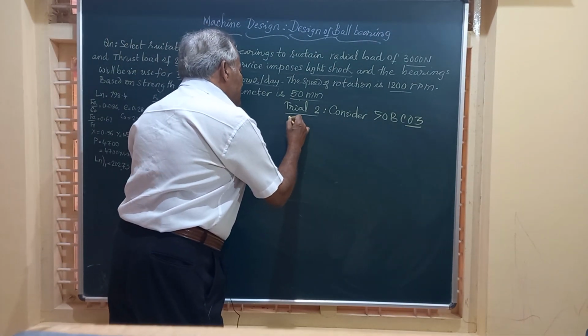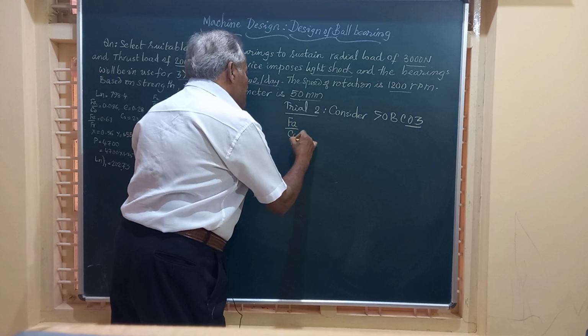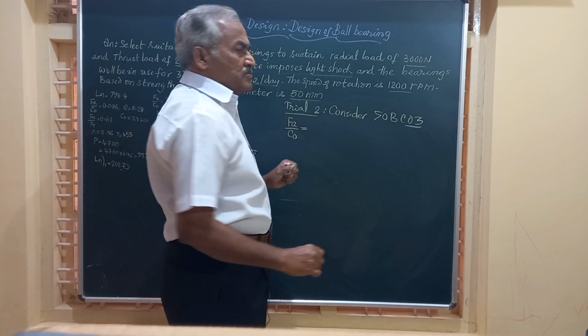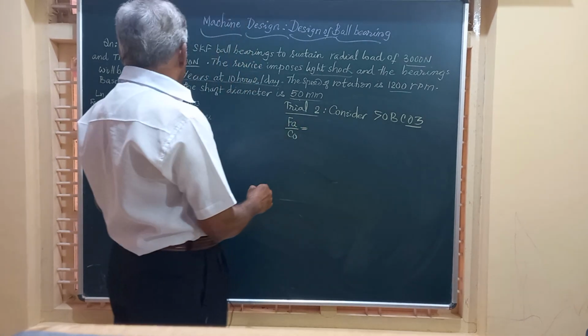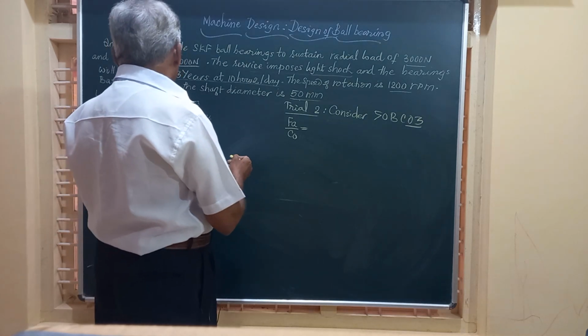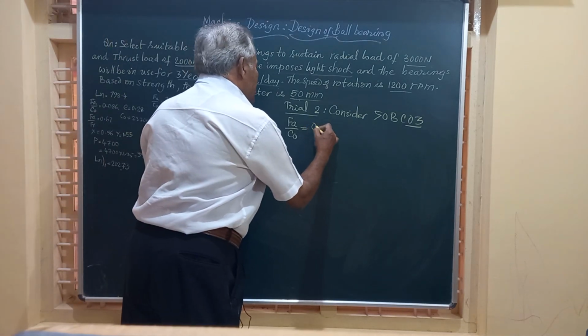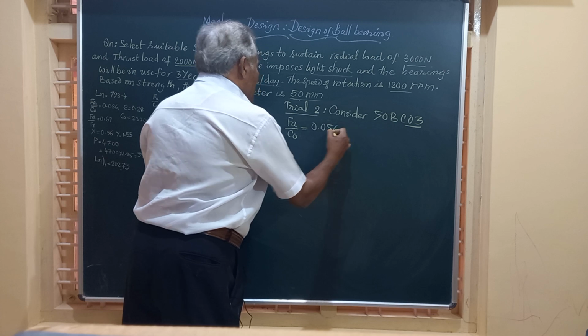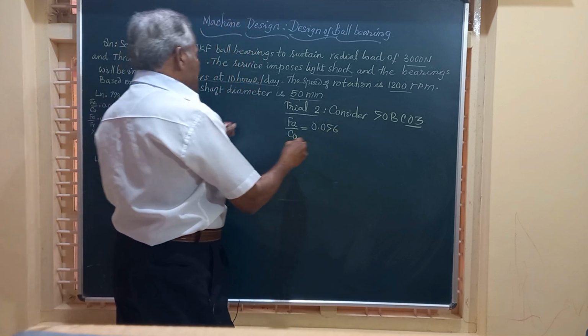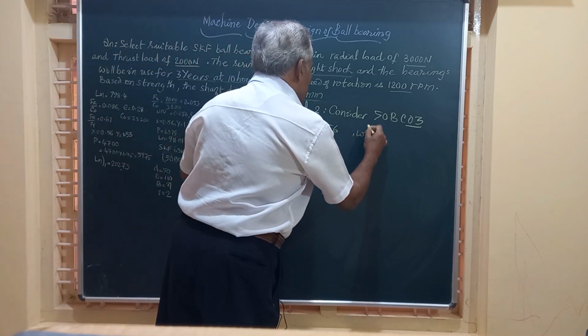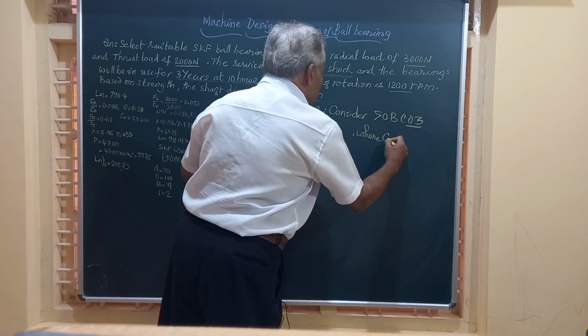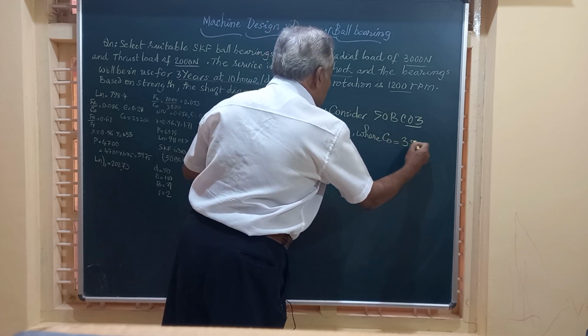For the given bearing, FA over C0 value equal to 0.053, where C0 is equal to 38,000.